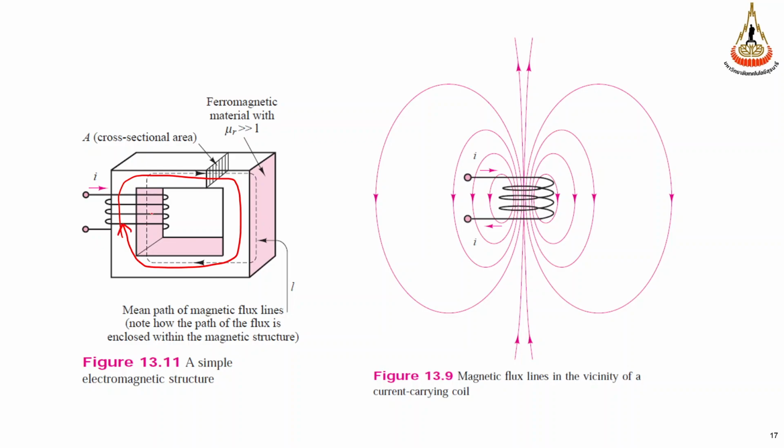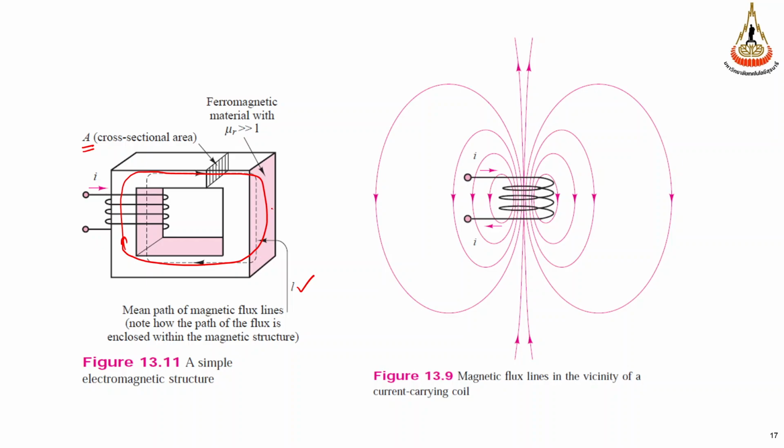We have this path of magnetic lines. The range of the magnetic path is L. The total range is L, and the cross-sectional area is A.